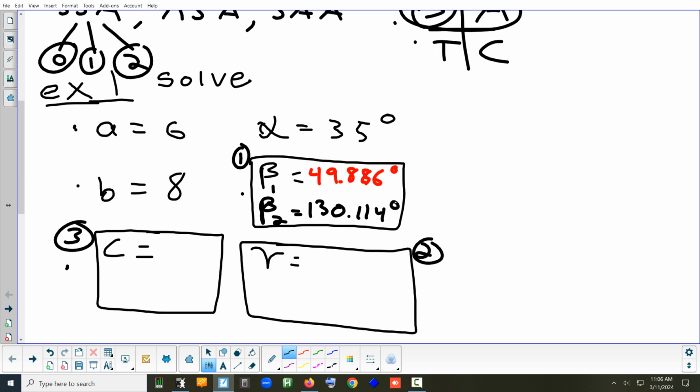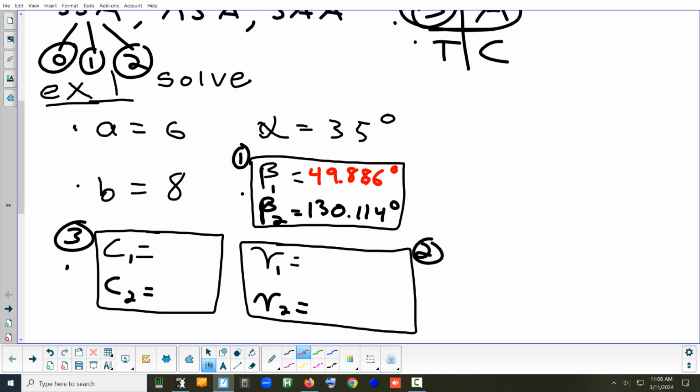Now, once you know that there are two answers for beta, or for whatever angle you solved for first, everything has two answers now. Not the stuff that was given, that's done. Just the stuff that you don't know yet. So that's going to have two answers, and that's going to have two answers.